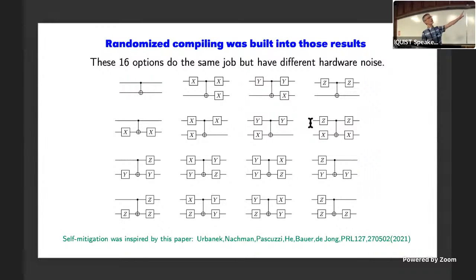Each of these 16 little circuit bits would do exactly the same thing on a perfect quantum computer. So you should run your circuit many times, randomly choosing which one of these you put in the circuit, and this will randomize the errors and make your mitigation work much more effectively. So this was done, and I encourage you to read this very nice paper at the bottom, which was the inspiration for our use of this also.